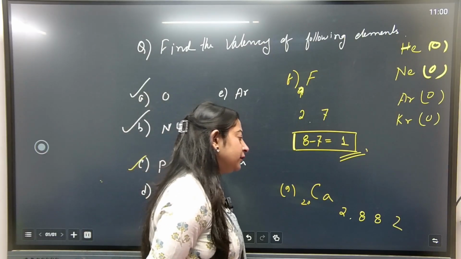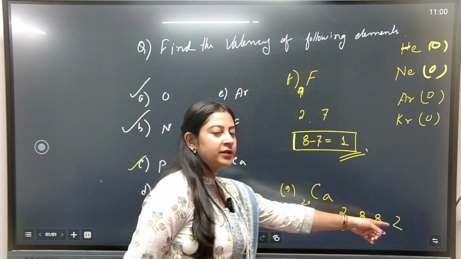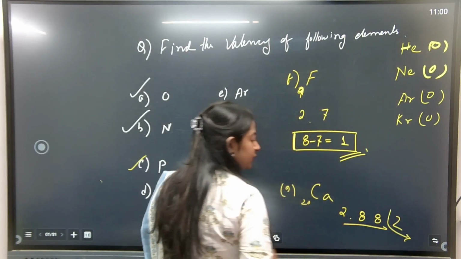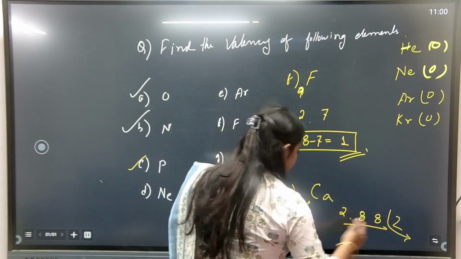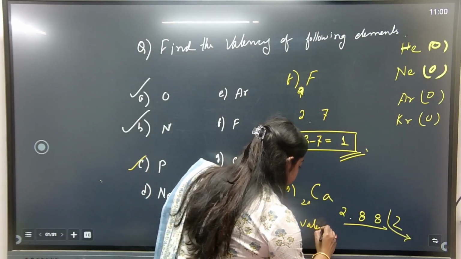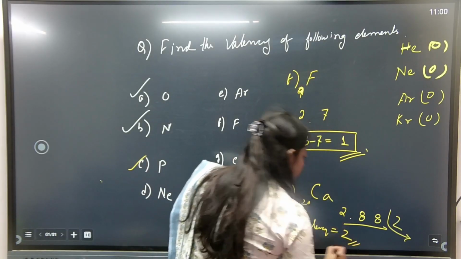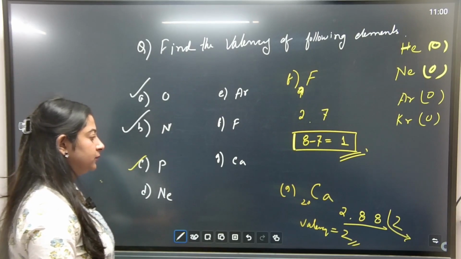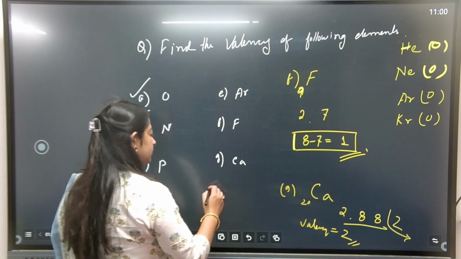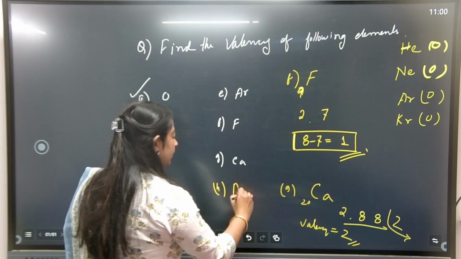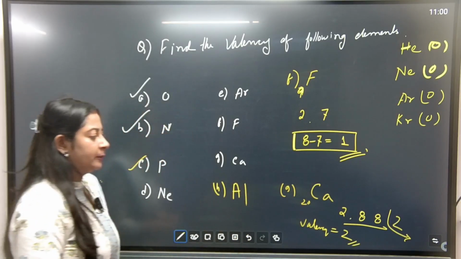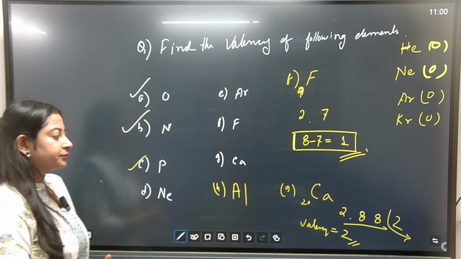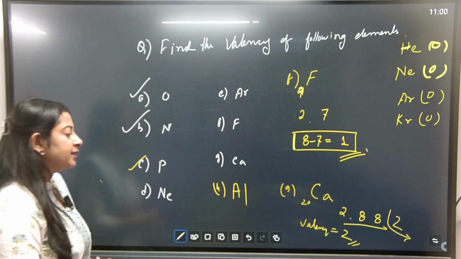The configuration will be this. It has 2 electrons, so you will simply lose these 2 electrons to achieve the octet. If it is 2, then the valency will be 2. Okay, let's try one more. Let's try aluminium, very important. So calcium valency is 2.